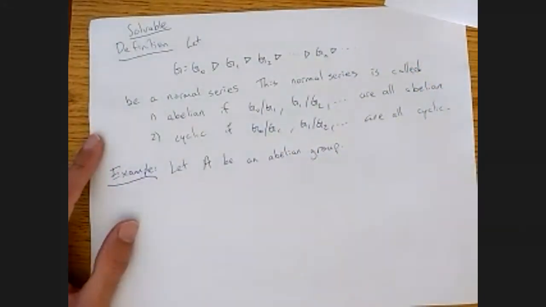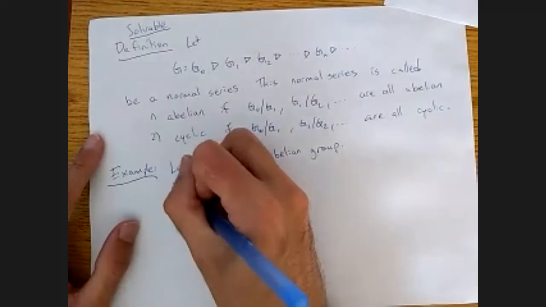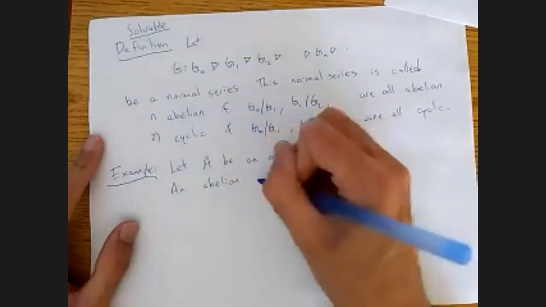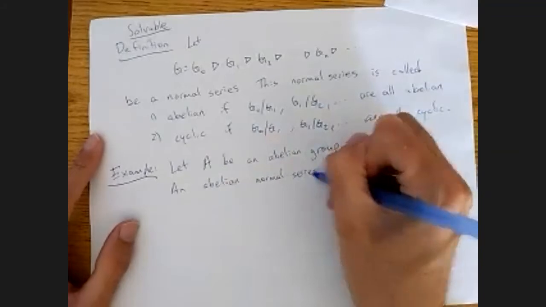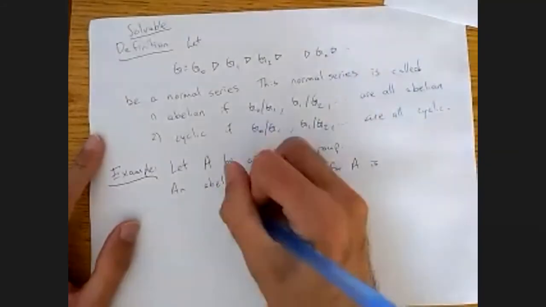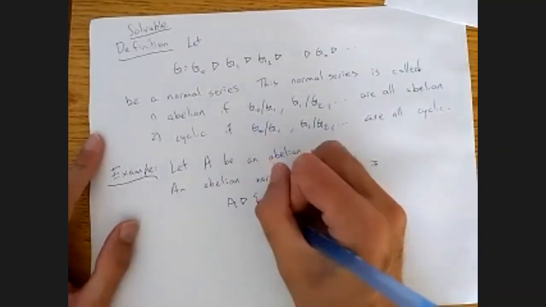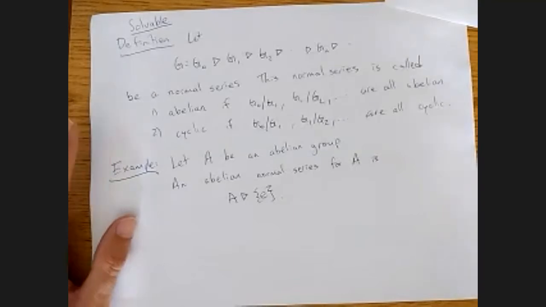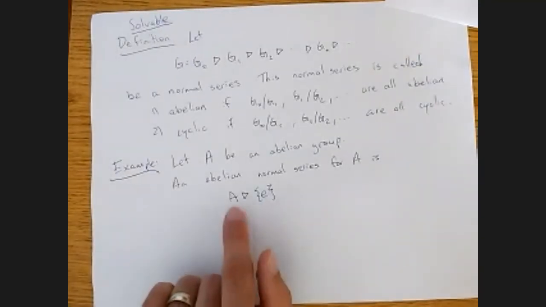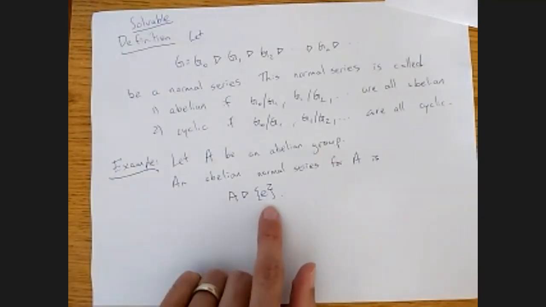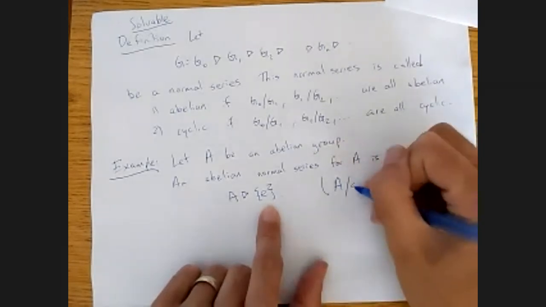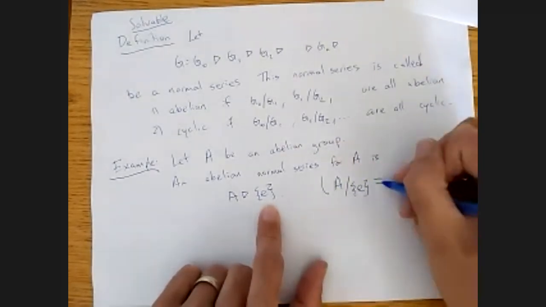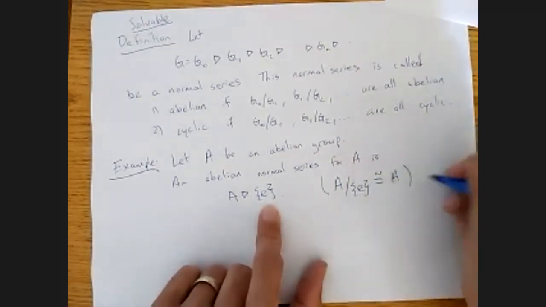An abelian normal series where A is the identity next. The reason is, A mod the trivial group is an abelian group, right? What is my reasoning? I just have to check that A mod the trivial group is abelian, but A mod the trivial group is just isomorphic to A.